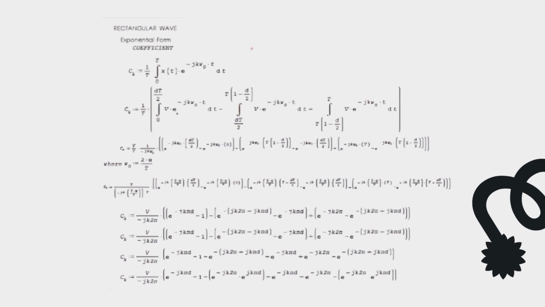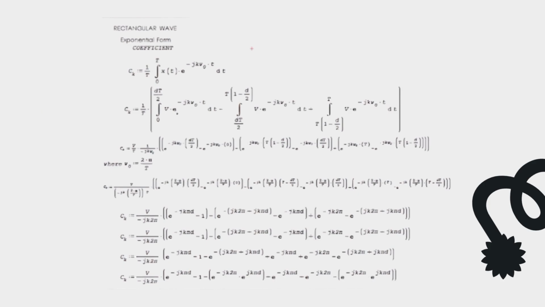Upon substituting the value of x, we arrive at c sub k is equal to 1 over t times the integration of 0 to dt over 2 of v times e raised to negative jkw naught times t dt, minus the integration of dt over 2 to t times 1 minus d over 2 of v times e raised to negative jkw naught times t dt, plus the integration of t times 1 minus d over 2 to t of v times e raised to negative jkw naught times t dt.